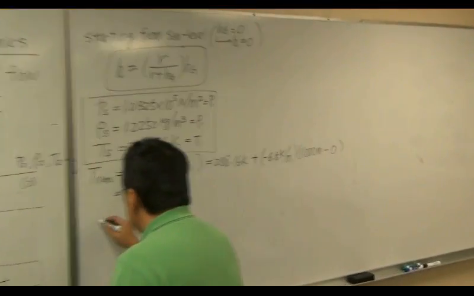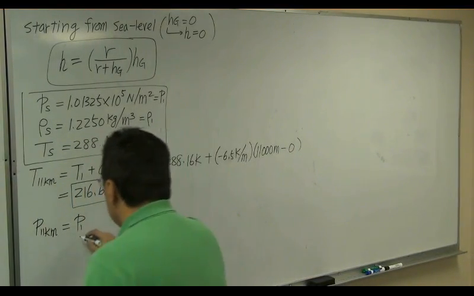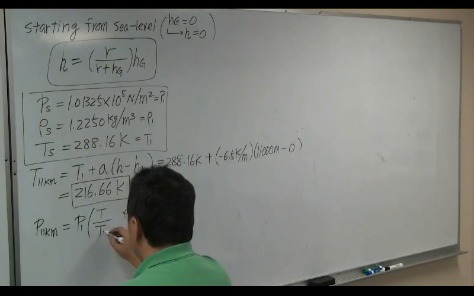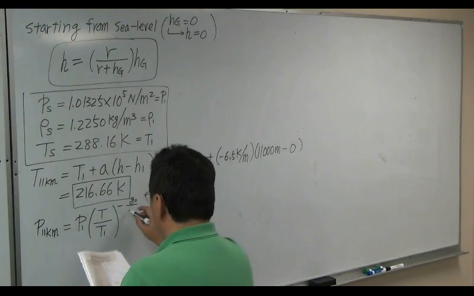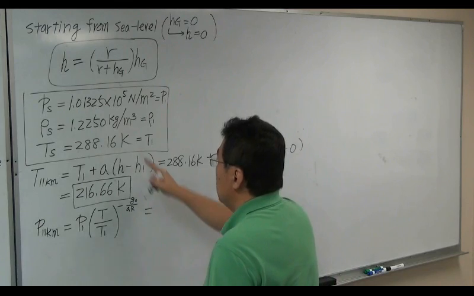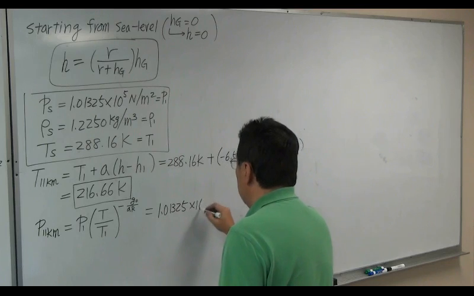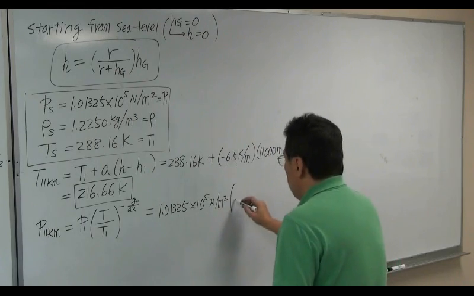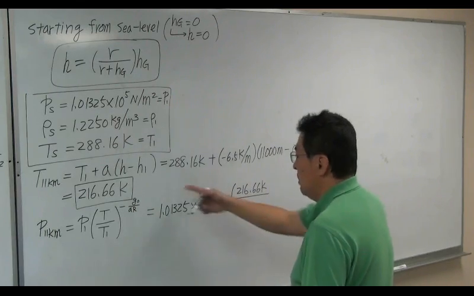Let's find out pressure. Pressure at 11 kilometers is pressure at sea level P1, which is this, multiplied by the temperature ratio T over T1 to the power of G0 over A R. Okay? P1 is 1.01325 times 10 to the 5 Newton per meter square. Temperature T we just found, 216.66 Kelvin at 11 kilometers.